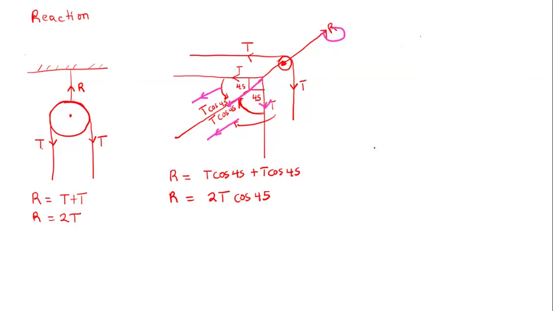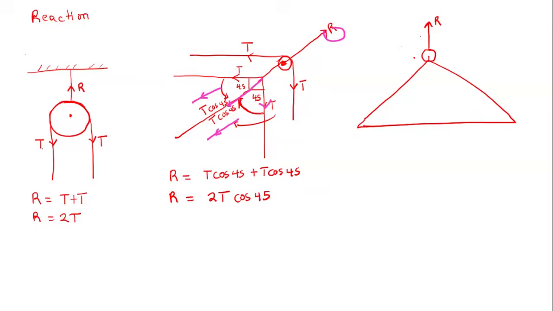Another case that you may meet is when you have something like this. You may meet a case of this nature, whereby now you have a pulley at this point. If you meet a pulley at that point, let me say this is a pulley, you may have your reaction here.